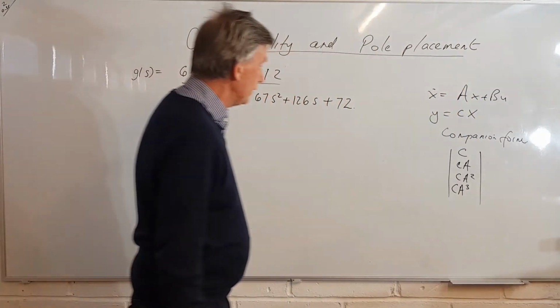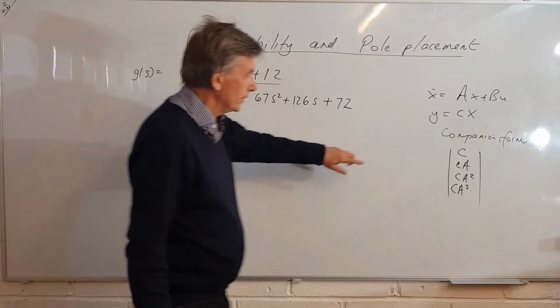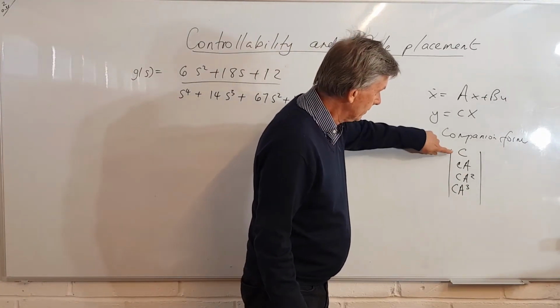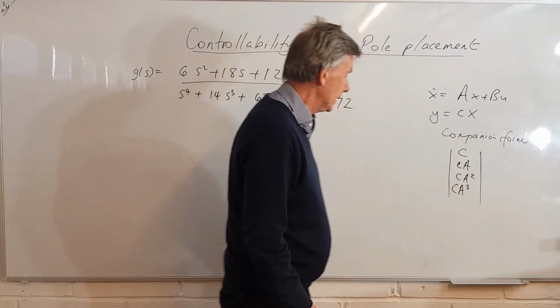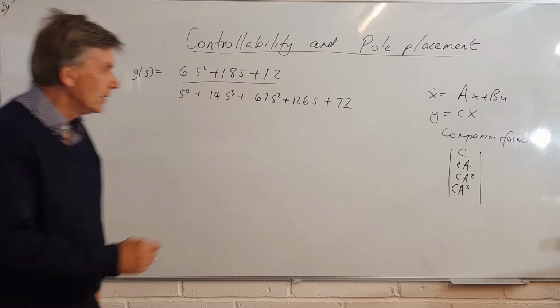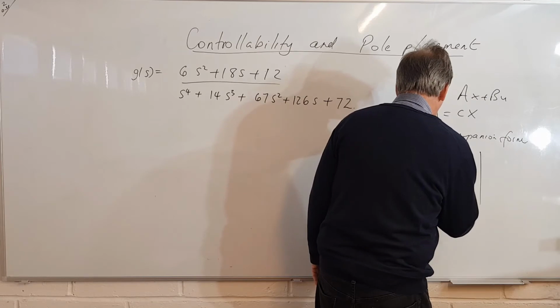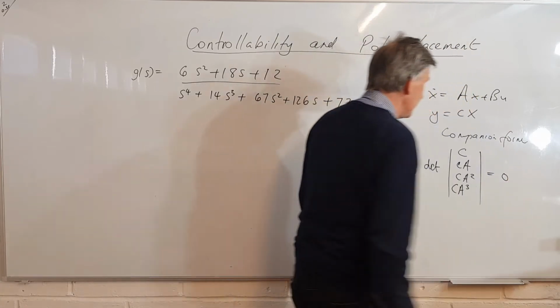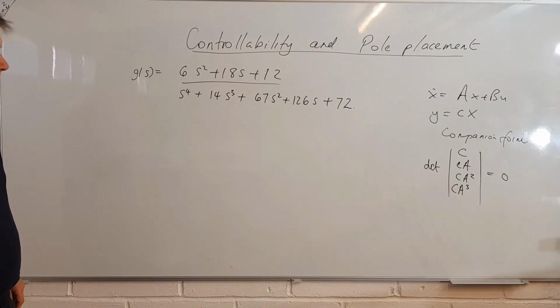The reason it goes up to cubed is because it's a fourth order system, so there are going to be 4 lines to this matrix: CA to the 0, CA to the 1, CA to the 2, CA to the 3. And if the determinant of this matrix is equal to 0, then this system is in fact uncontrollable and unobservable.